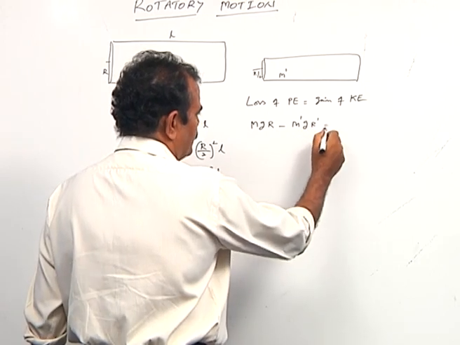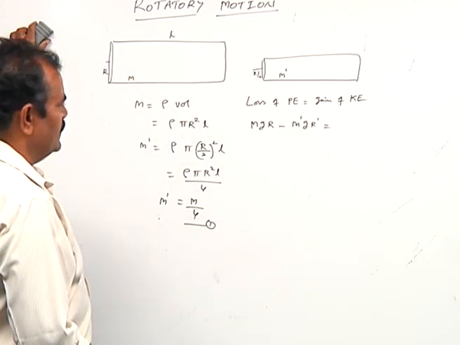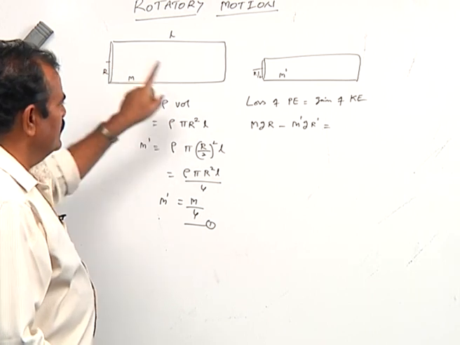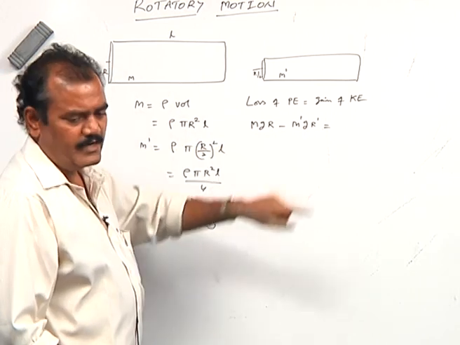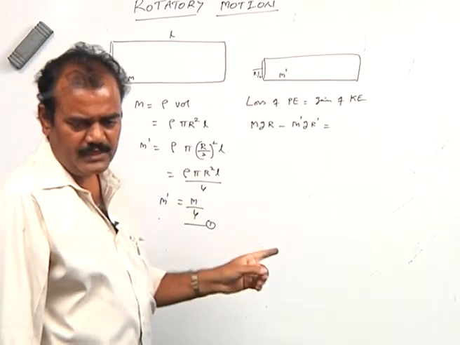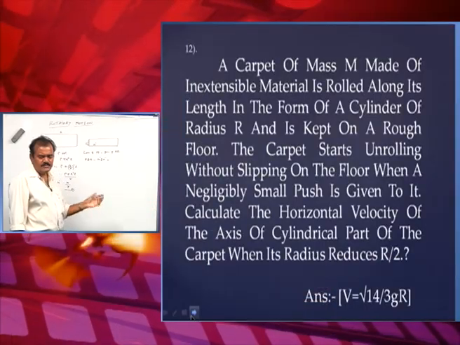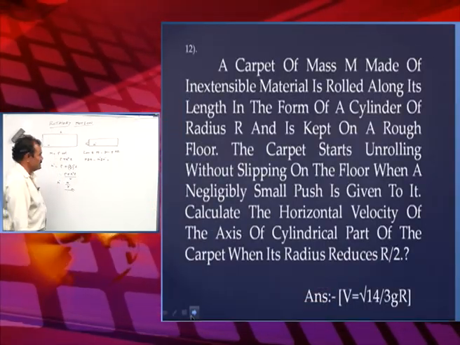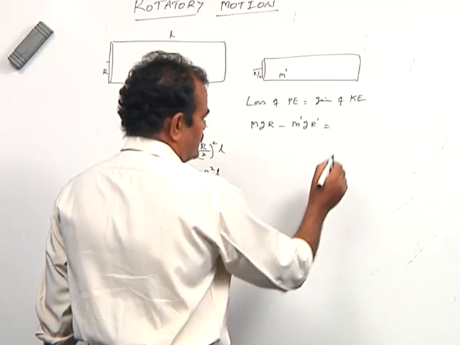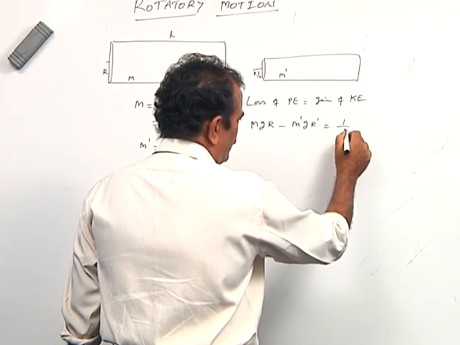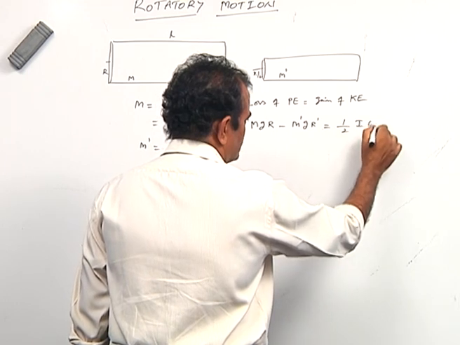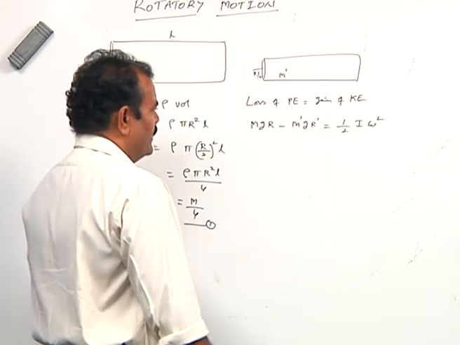It is a loss of PE, so mgr minus m dash g r dash, because in the problem, in the second case, the radius becomes r by 2. And gain of KE means 1 by 2 I omega square.